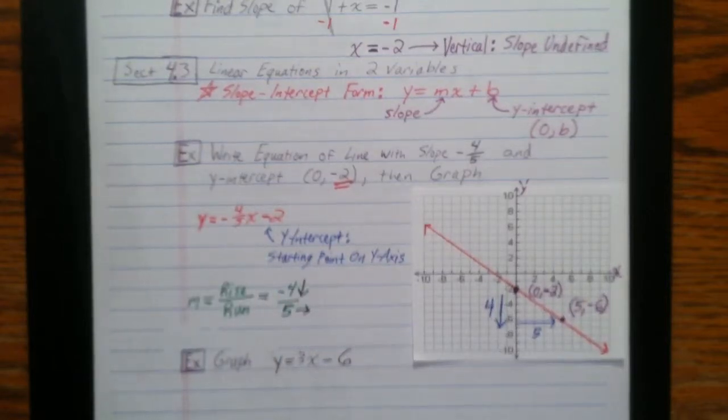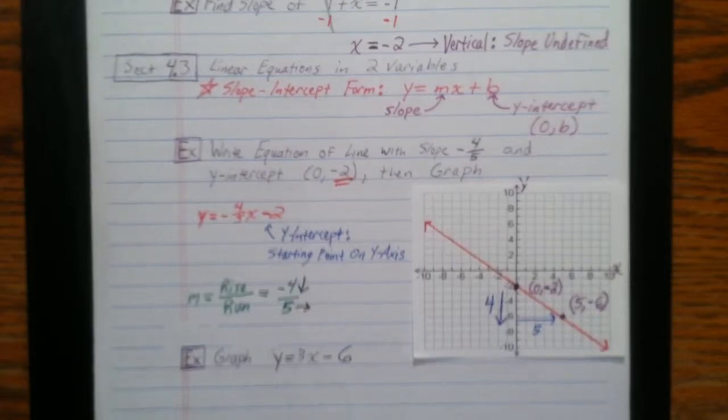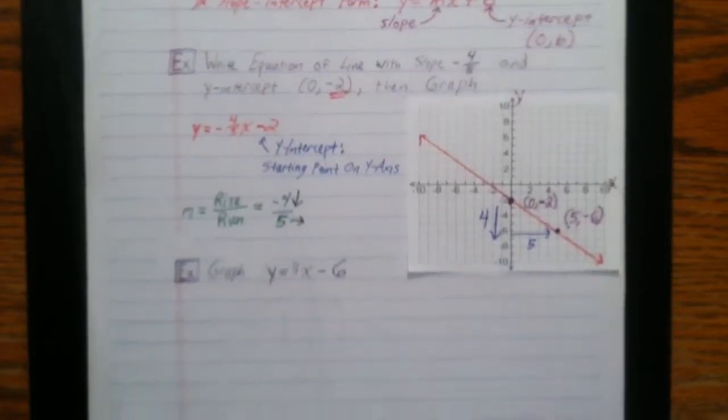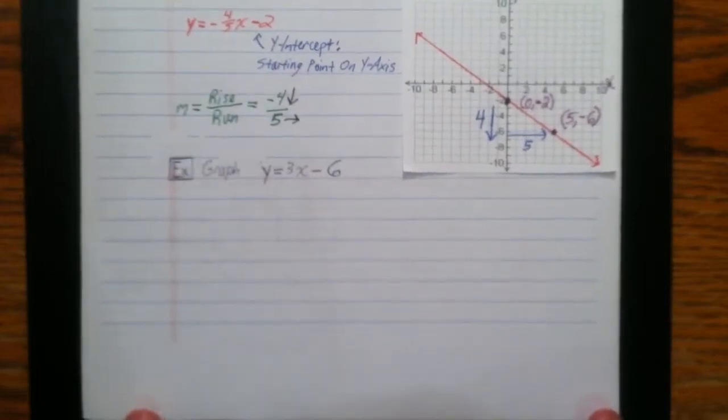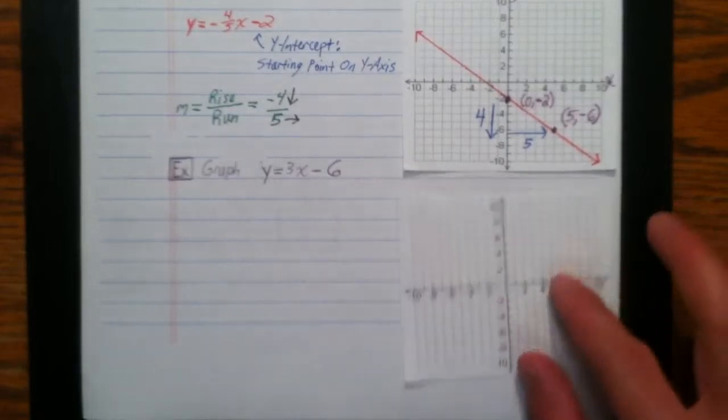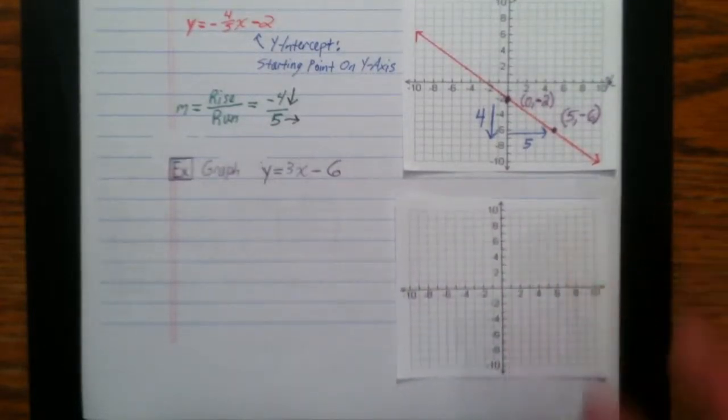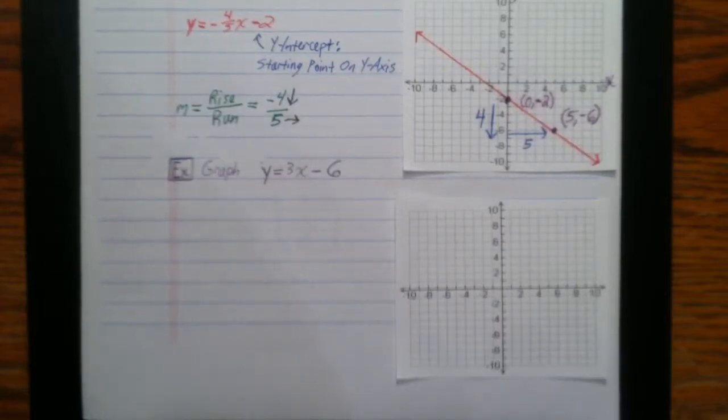Alright, let's take a look at another example of an equation graphing in slope-intercept form. And that's the equation y equals 3x minus 6. Let's graph this. So we want to use the same idea, same approach. We use our y-intercept from the equation, the b value, to tell us our starting point, our y-intercept.